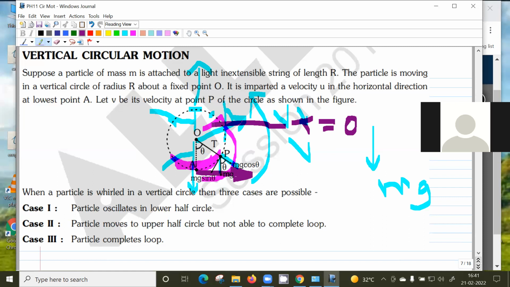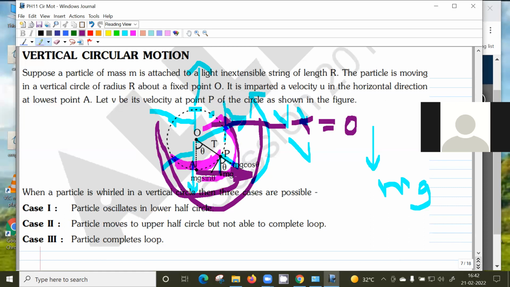But if the tension is there and the velocity becomes zero at this point, then it will not fall like this. It will keep oscillating like this.